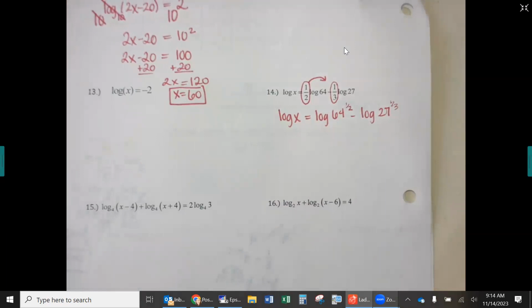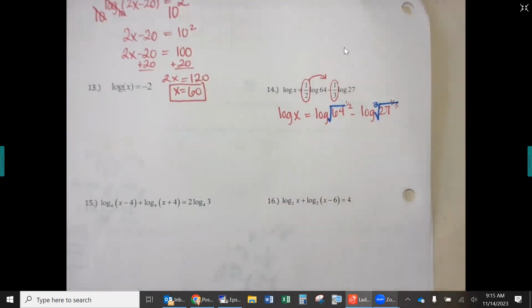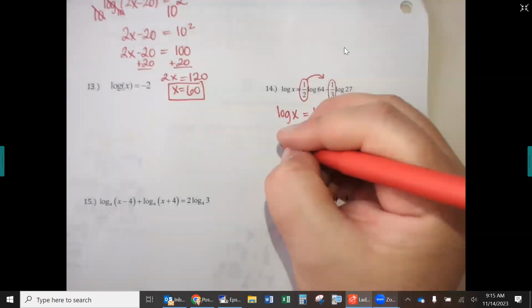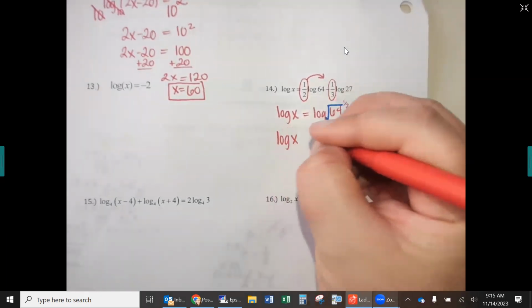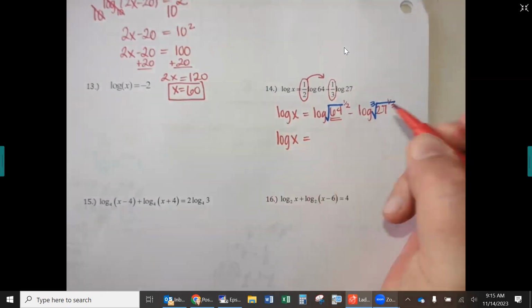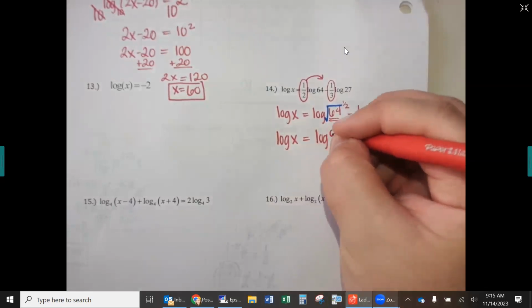But remember, both of those exponents are actually roots. What is a 1/2 going to turn into? Square root. And what about a 1/3? Cubic root. Okay. So then from there, I have log x equals. Do we know what the square root of 64 is? 8.